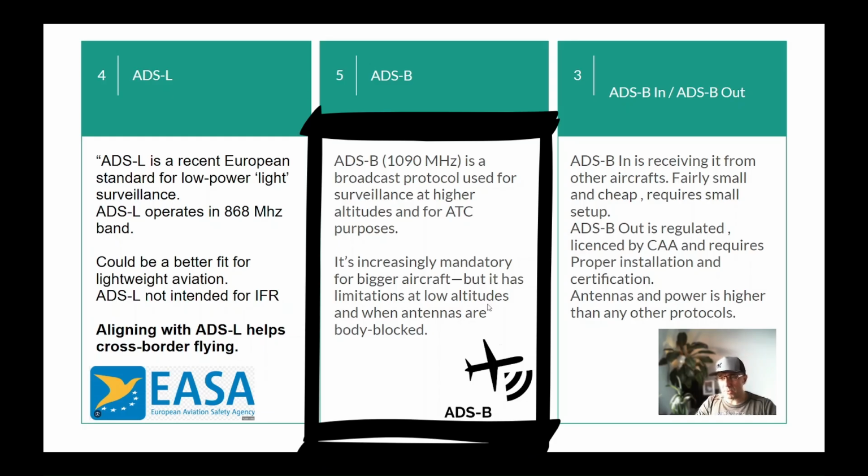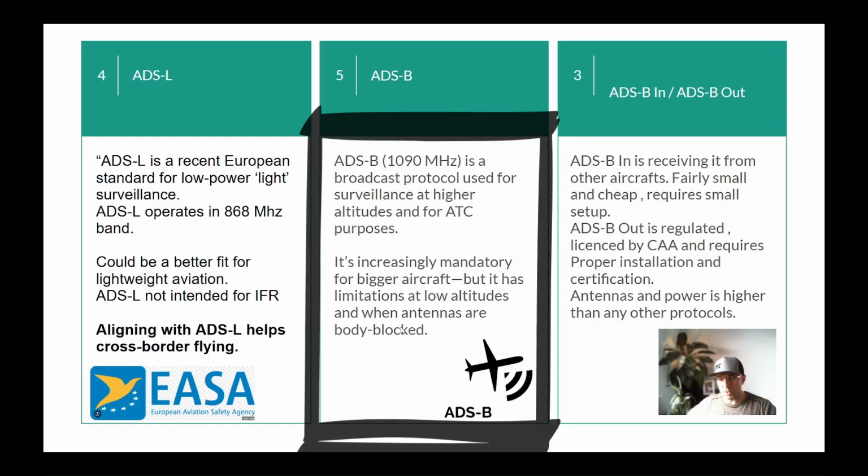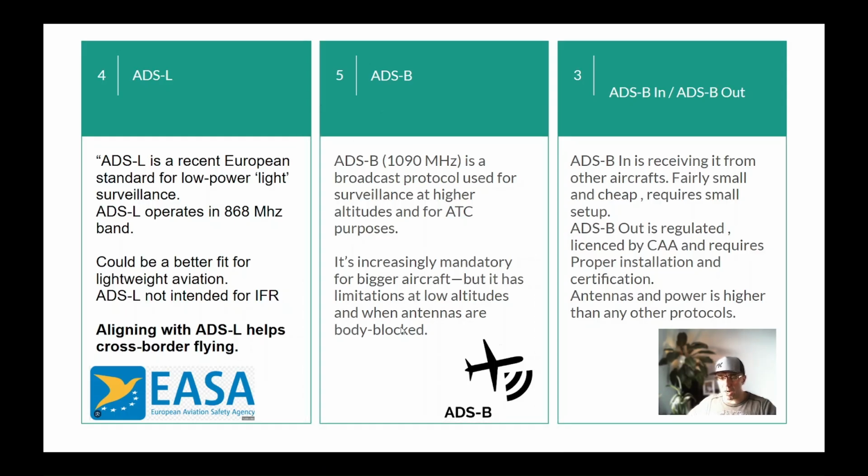With that comes a bit of a concern, because if we start using ADS-B out transmit, being very close to the transmitting antennas and not being able to install them properly far away from the body, it may be a little bit harmful. The currently manufactured device, the SkyEcho 2, operates at 20 watts, which is a lot lower than bigger planes, but still considerably higher than the smaller devices that we use.